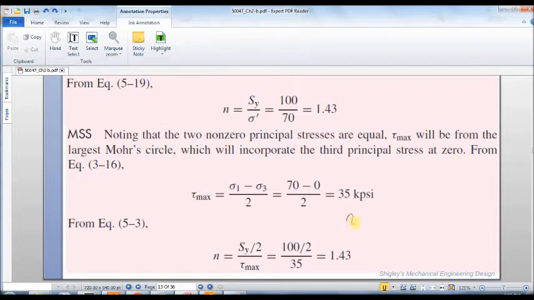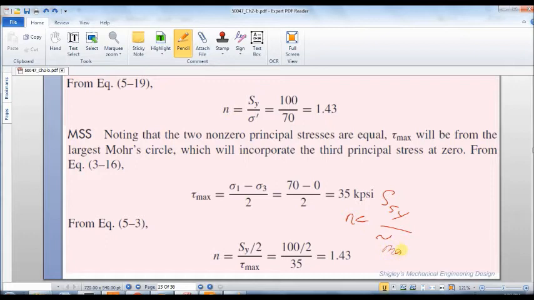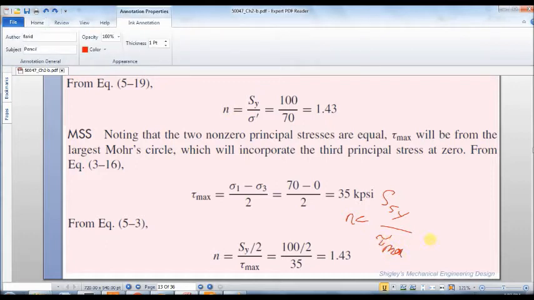N is Ssy divided by tau max, the maximum shear stress, and this is equal to Sy divided by 2. That means the strength of the material at the yielding point divided by 2.